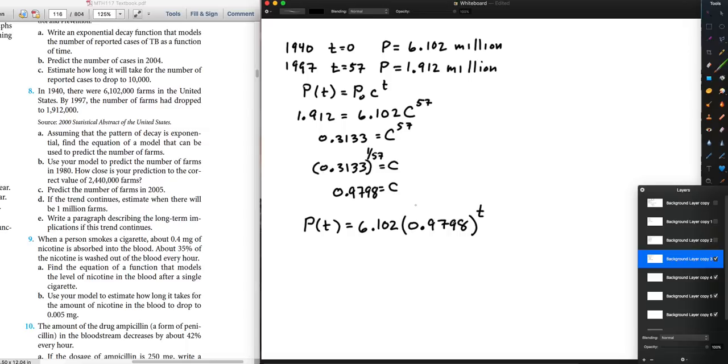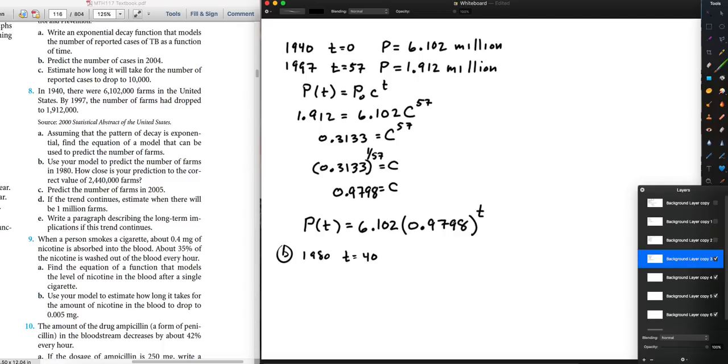So for B, use your model. Just worry about the first part. Use your model to predict the number of farms in 1980. If t equals 0 is 1940, then 1980 is going to be t equals 40.